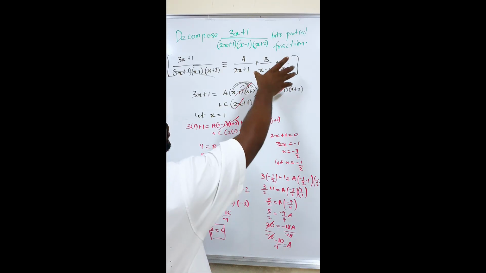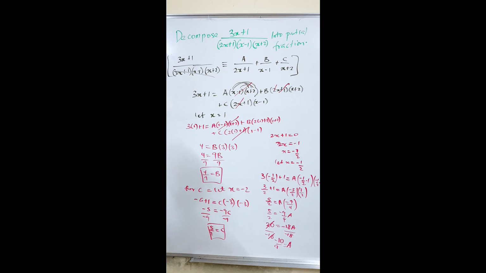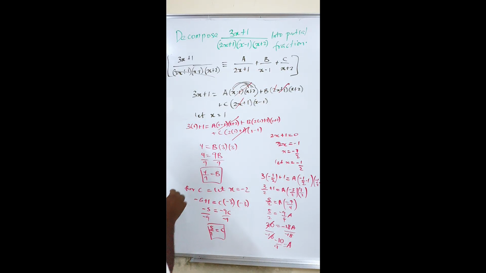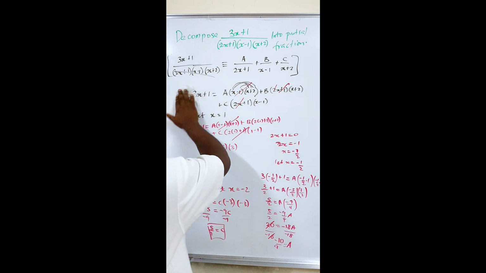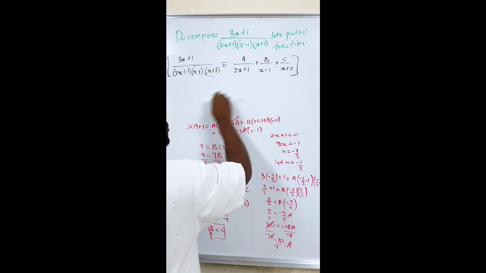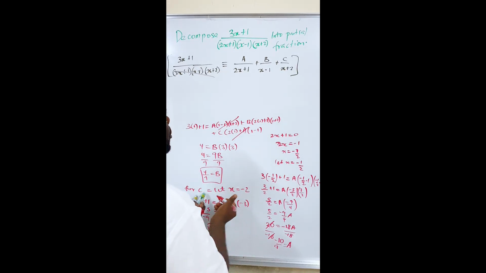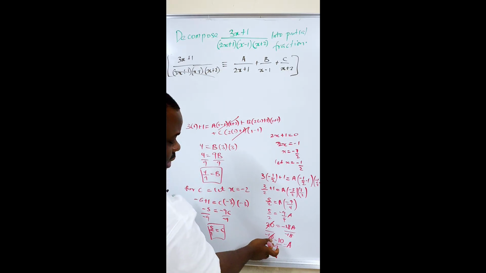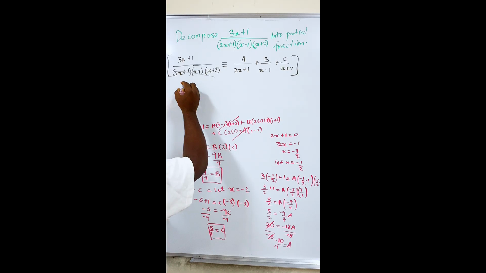So let's substitute the value of this constant into this expression. So now substituting, we now have our a. A is what? It's negative 10 over 9. So you have 10 over 2x plus 1, all right?